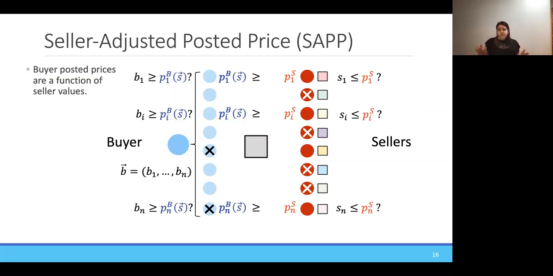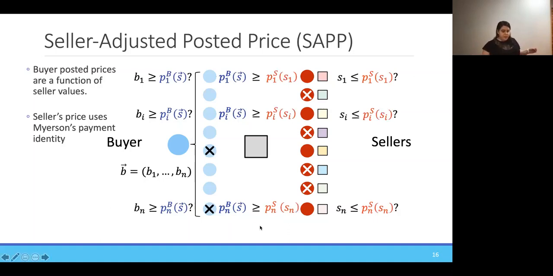So the buyer posted prices are a function of the seller's values. Okay. Now, we obviously need to set the prices for the sellers very carefully to deal with incentive compatibility since we're using their values to set the buyer's prices. So what we're going to do is, since the sellers are each single dimensional, they only have their value for their one item, we're going to use Myerson's payment identity.